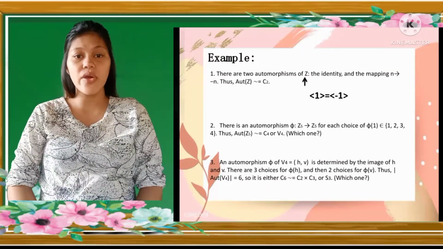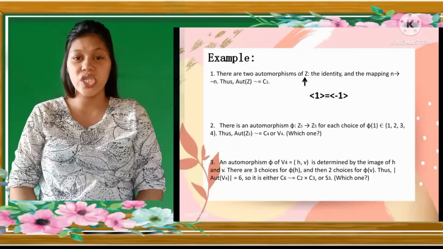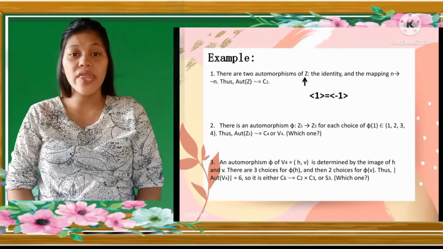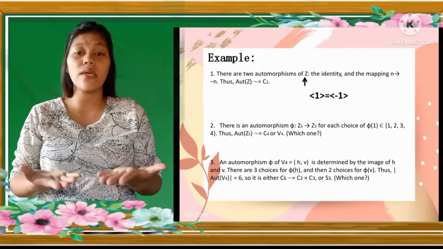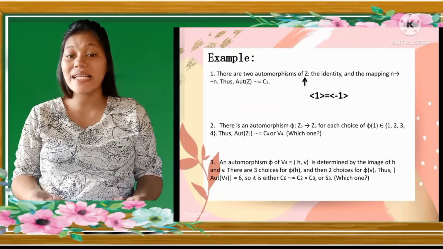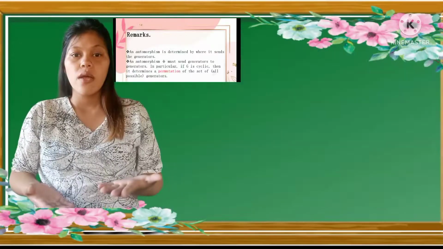Example: I claim that there are two automorphisms of the group of integers under addition, denoted Z. These automorphisms are the identity mapping and n to its negative. To see why these are the only two automorphisms, I claim the following, using the two remarks above.